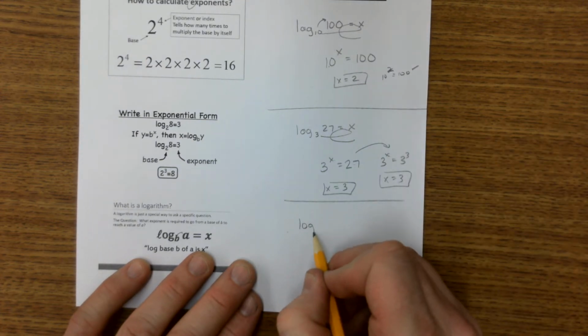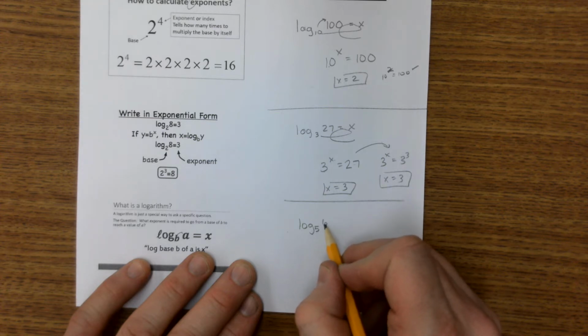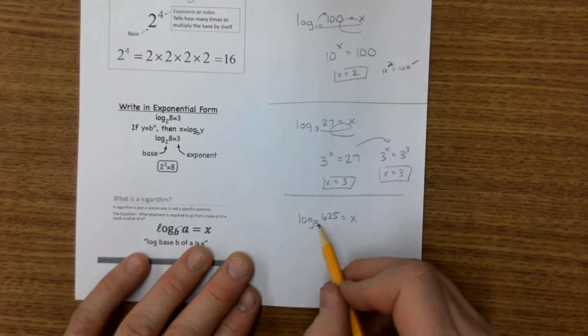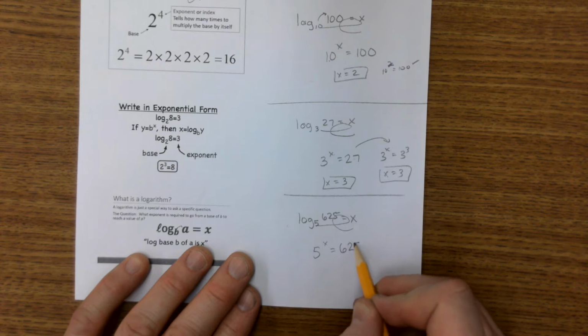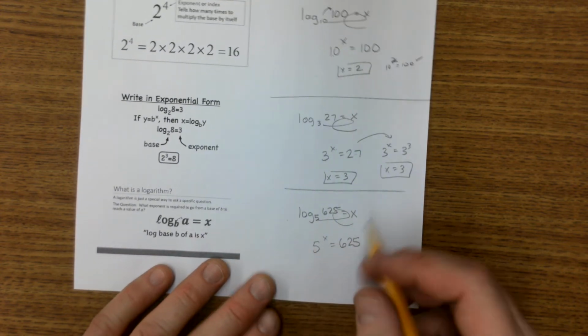All right, what about log base 5 of 625? Well, again, what exponent do I need to take this 5 and turn it into a 625? You can do the work.